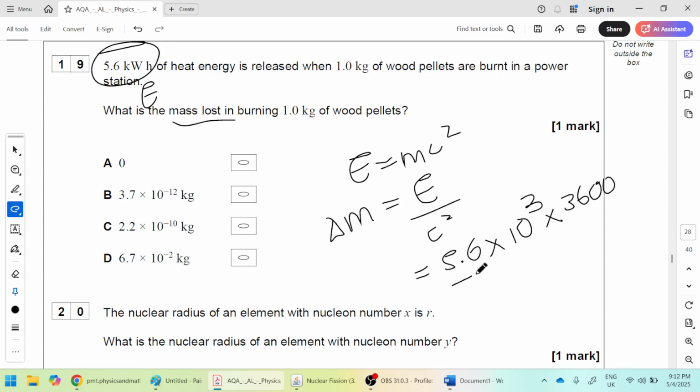So this gives me the energy in joules. That divided by 3 into 10 to the power 8, whole thing squared. Answer: 10 to the power 3, 100, open bracket 3 into, close bracket, whole thing squared.